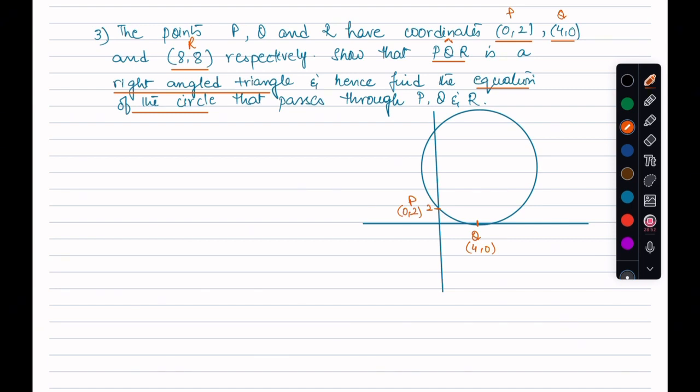So if we go back to the concept of circle geometry, we know that in a circle, against the diameter, we always have a semicircle making 90 degrees with respect to the circumference.